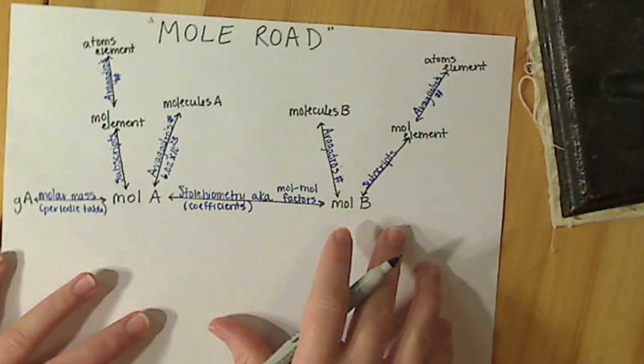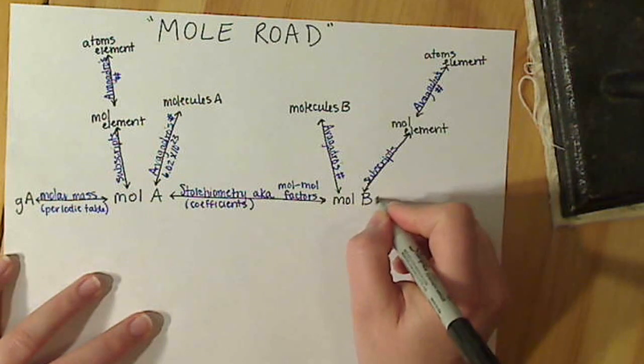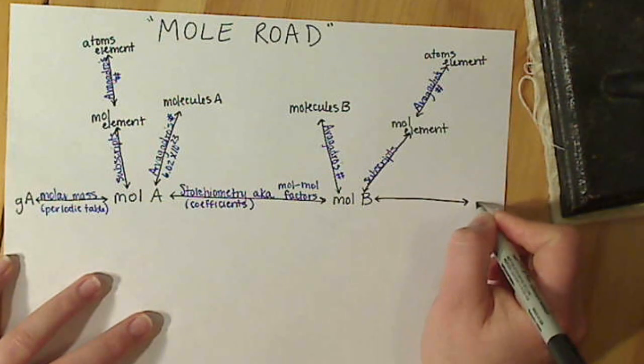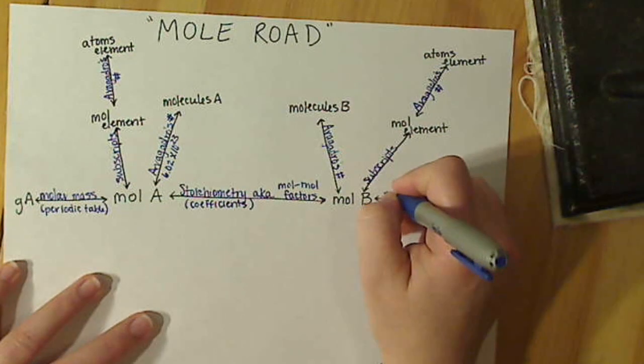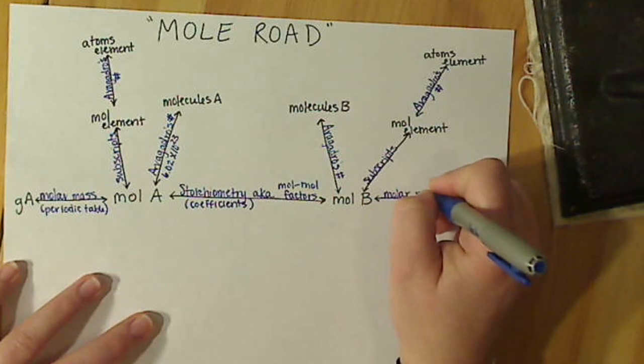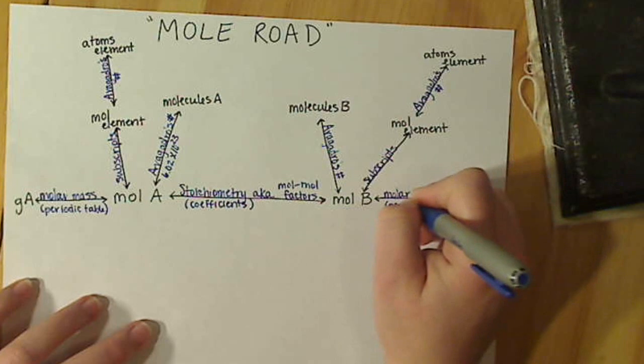But it was much more helpful for us to get from moles of B to grams of B. Okay, and that was our molar mass that we get from the periodic table.